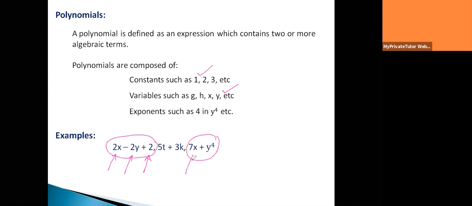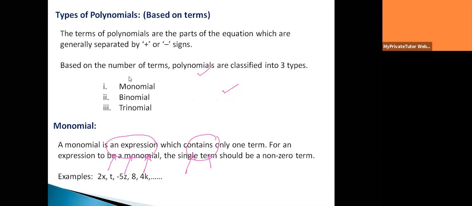This one has two terms, 7x and y power 4. Okay, have a look at this one. You might understand much more. So how do we calculate how many terms we have in an expression? They are separated by the plus or minus symbol.